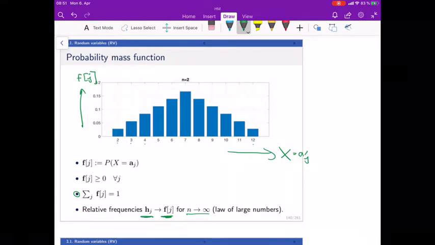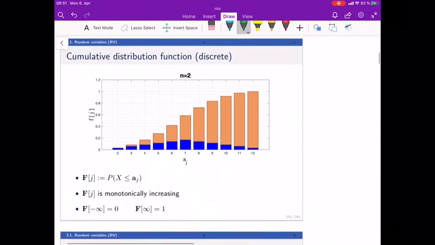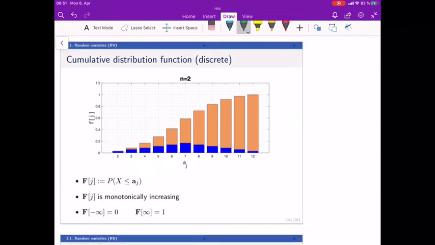Perfect. The corresponding CDF looks like that, the discrete one. It's to scale, so the blue bars are still the same as the ones we just saw, between 5 and 15%. And all I'm doing now is adding them up. Let's look here at 3. The CDF is the blue one at 3 plus the little one from 2.